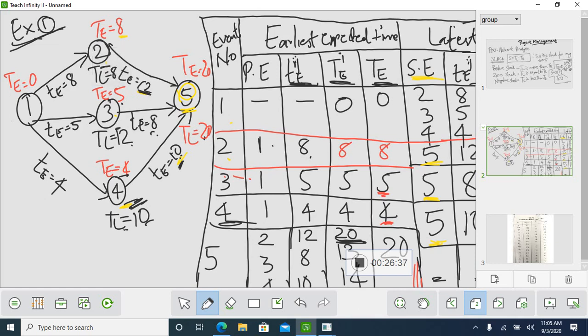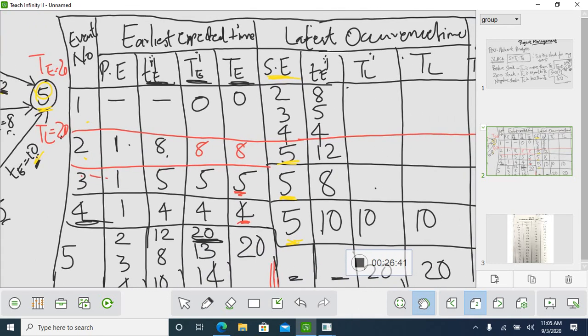So same, you write down here. Well, because only that is minimum. You don't have many events which is coming to 3. So you have only one event coming to 3. That is 12. You will be writing 12. So here you got 8. So same you will be writing.